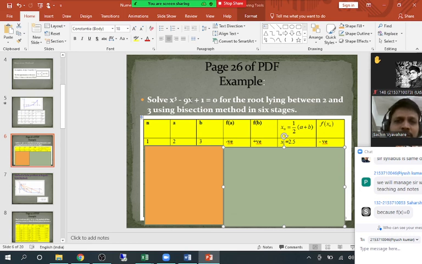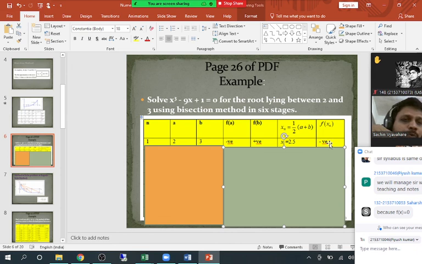Replace x by 2: 2 cube is 8, 8 minus 18 plus 1 is minus 9. So f of a is negative. What is f of b? Replace x by 3: 27 minus 18 plus 1 is positive. So negative, positive, and 2.5 we got as the first x1.